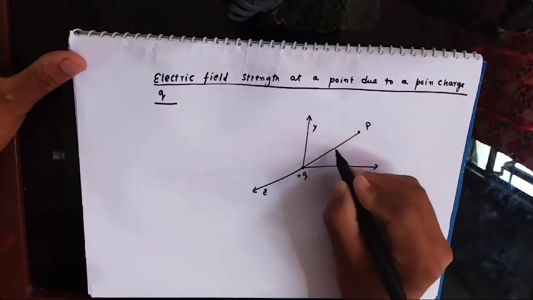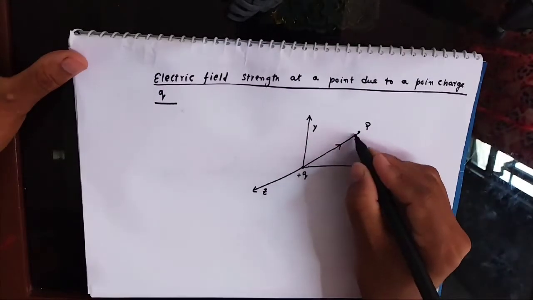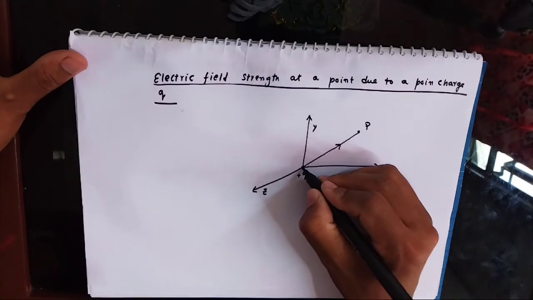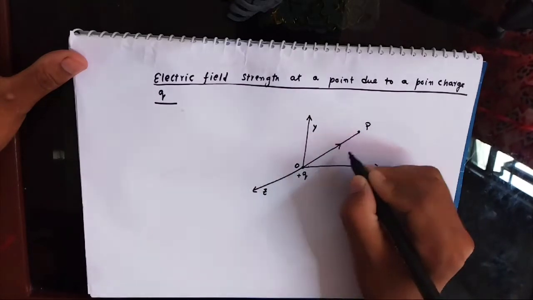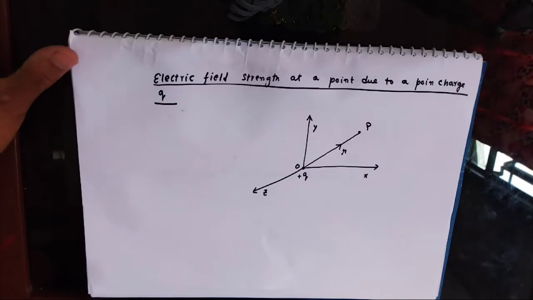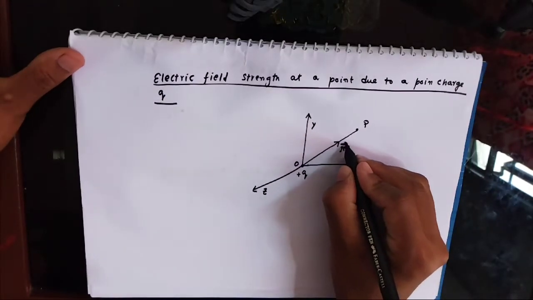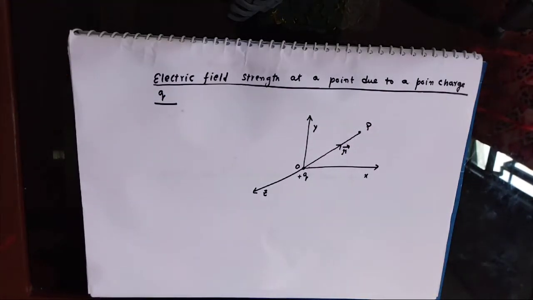So let's join this origin O to the point P by r. We can mark this as position vector r.